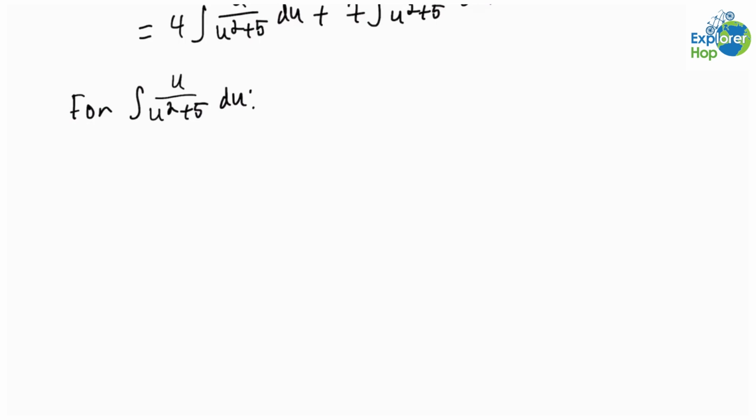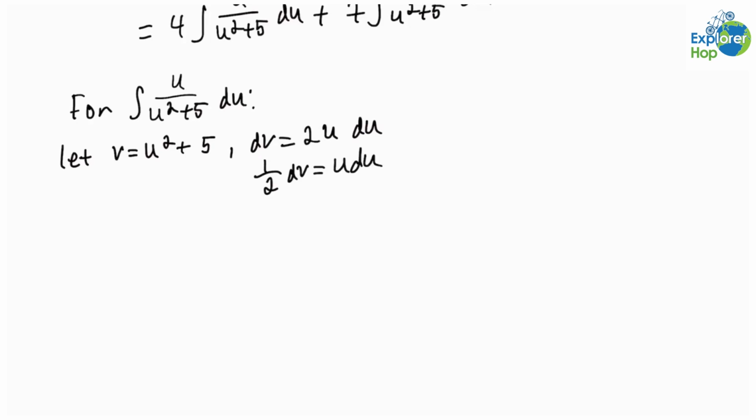So we'll apply the method of substitution again. This time, we'll let v be equal to u squared plus 5, which means that dv is equal to 2u du. And this means that 1/2 dv is equal to u du.